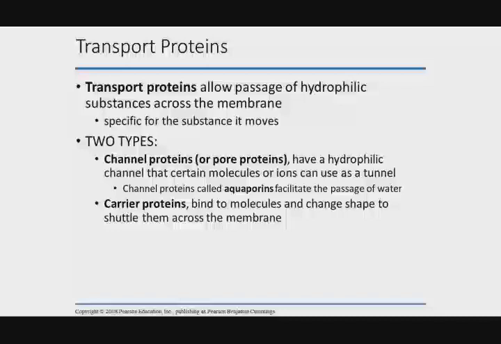So again, how do things move across the membrane? Because we need to move things across the membrane, this is where we have transport proteins. They allow the passage of hydrophilic substances across, bypassing that hydrophobic core of the membrane. They're oftentimes very specific to what they move. They fall into 2 general categories, channel proteins or carrier proteins.